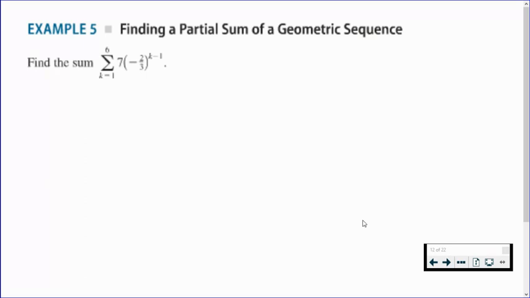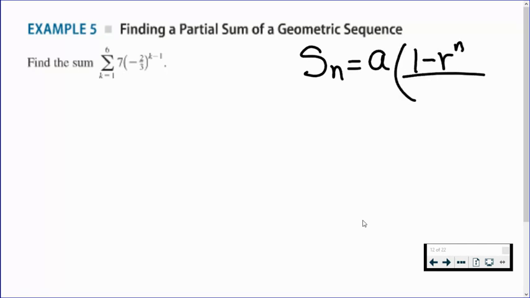When we are finding the sum of a geometric sequence, we are just going to use the same formula, which I'm going to write on the side. And we use the sum sigma notation here. So it says, okay, first I'm going to need the first item on this sequence.